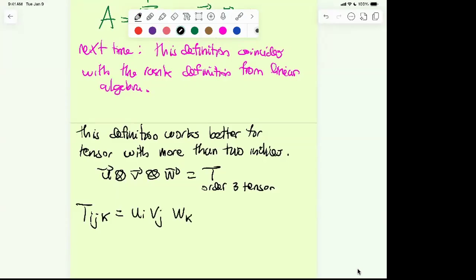But the idea is the same as what happens with matrices. Not every order three tensor is literally of this form, but every one can be expressed as a sum of pieces of this type.